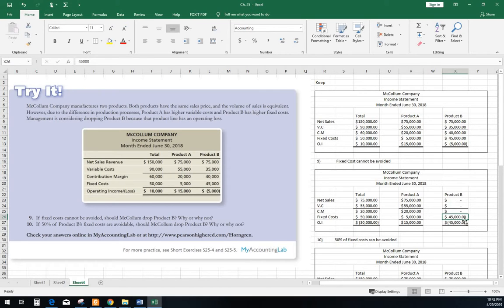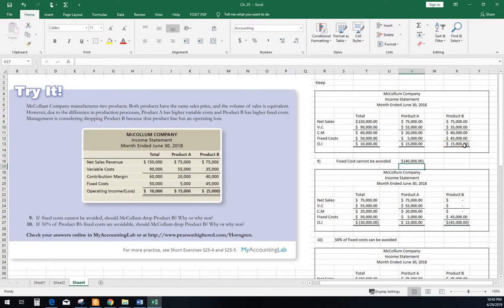So comparing the two numbers, negative $45,000 here versus negative $5,000 here. Obviously, negative $5,000 is not a great number, but it is less than the negative $45,000. So fixed costs cannot be avoided. The difference would be this minus this. That's $40,000 difference. Let me do it this way.